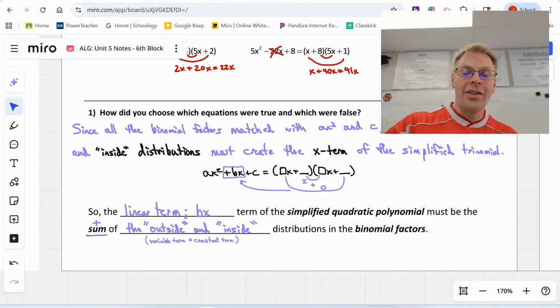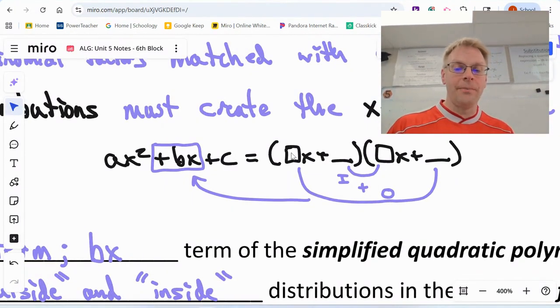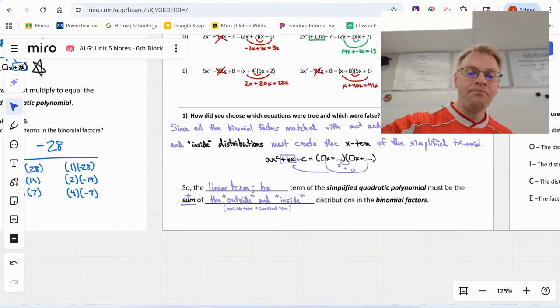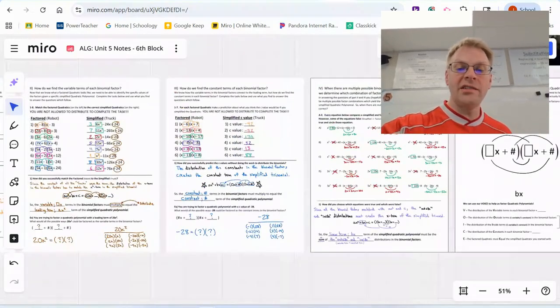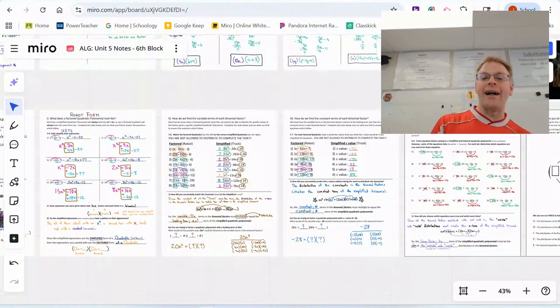All right, so the outside plus inside. You can see taking the variable term in the first binomial times the constant in the second, and the constant in the first times the variable in the second, outside plus inside has to equal that middle term. All right, so these 4 questions all put together, what does the form of our robot look like?